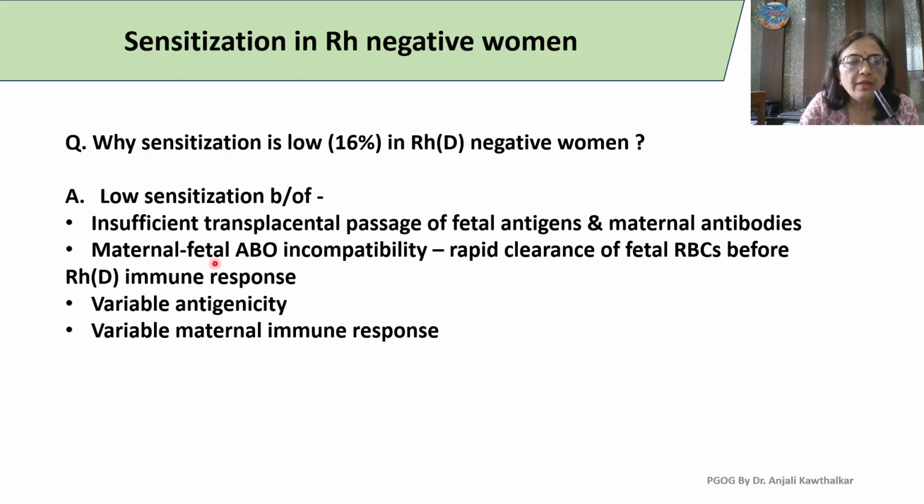Then maternal-fetal ABO incompatibility protects against Rh isoimmunization, because there is a rapid clearance of fetal RBCs before the RHD immune response starts. Also, every fetus will have variable antigenicity, and variable maternal immune response is also seen. These are the reasons why sensitization is low in RHD negative women.